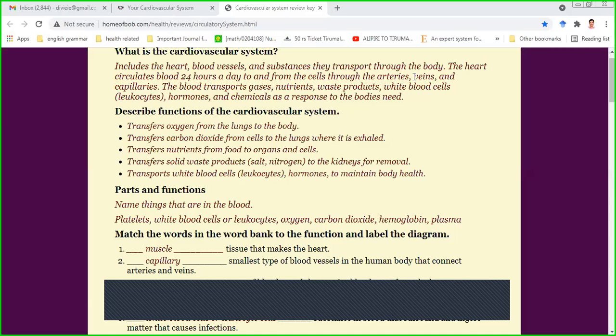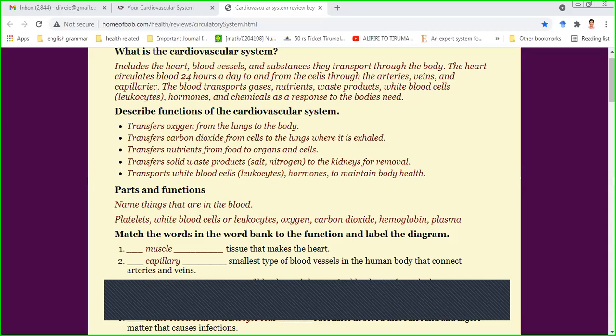So the arteries carry the highly oxygenated blood flow, and veins collect the low oxygenated blood flow. Capillaries join these two, arteries and veins. Capillaries are a junction point between the arteries and veins.